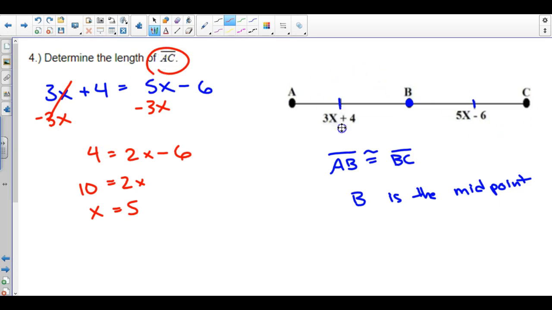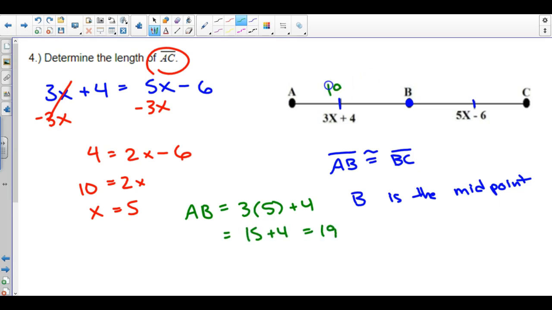So, since I know these segments are equal, I don't have to substitute 5 in for both. I can really just substitute it in for one of them, and if that's one distance, I just have to double it to get the entire distance. So I'm going to basically solve for the distance from point A to B by taking my x value of 5 and substituting it into that expression. 3 times 5 is 15. 15 plus 4 is 19.